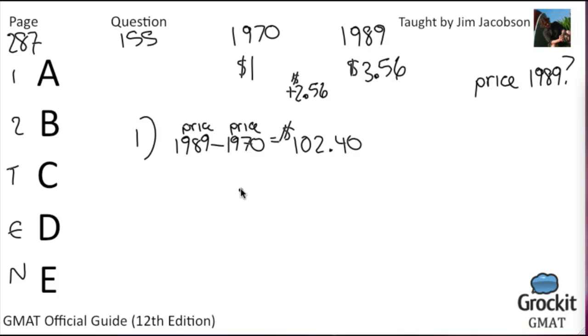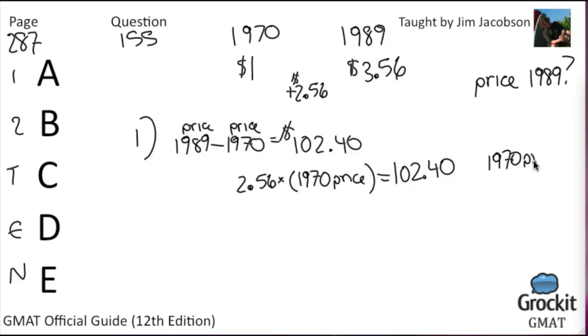So this is basically $2.56 times the 1970 price equals 102.40. So we could divide both sides by $2.56, and actually it turns out that the 1970 price equals $40. So statement 1 is sufficient.